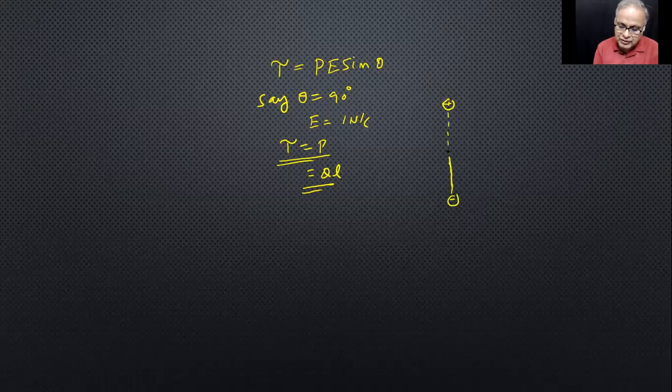Look, this is the direction of the dipole, from minus to plus, which is the direction of the L vector. So it is also the direction of the P vector. And this is my E. I'll say E equals 1 Newton per coulomb.